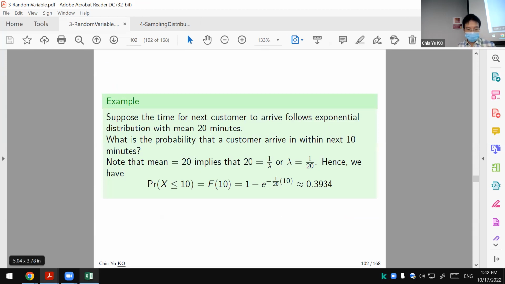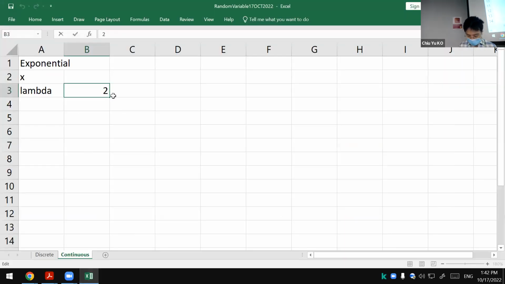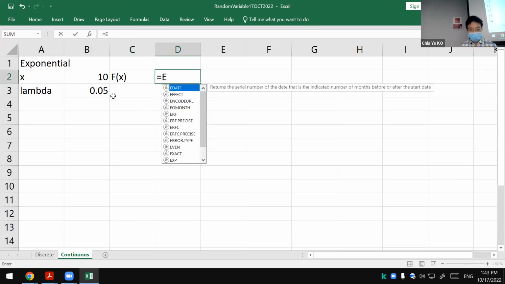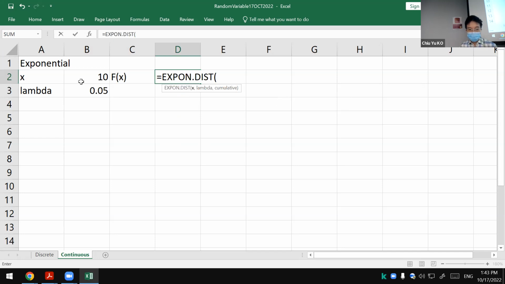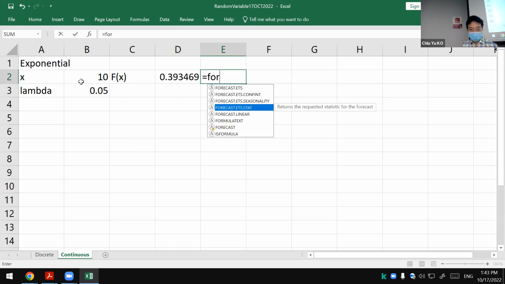What it's asking is the big F, the cumulative exponential distribution, with x is 10 and lambda you can use 1 over 20 to make it a little more transparent. It's a cumulative one, so that is the answer.